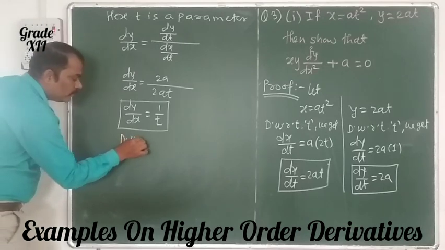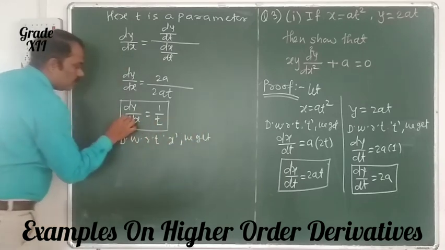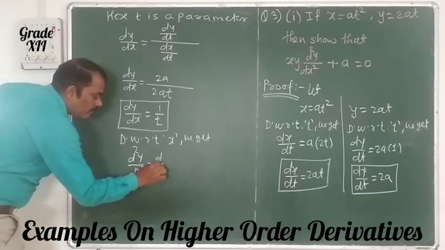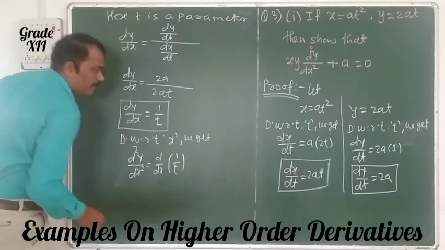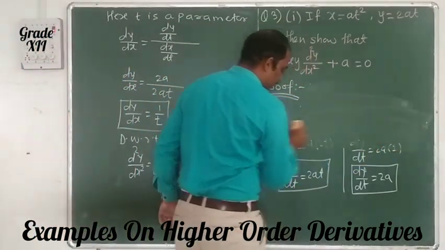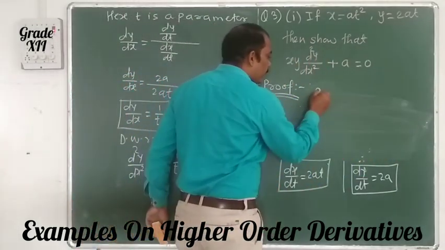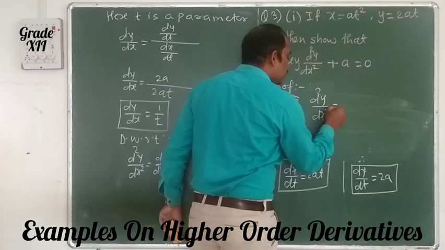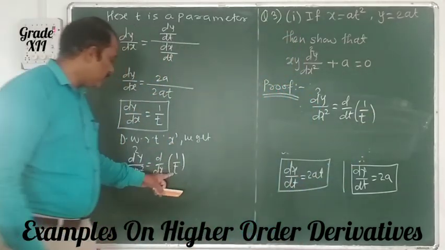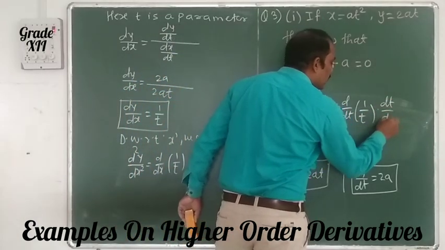We get d2y by dx square is equal to d by dx of 1 upon t, which can be written as d by dt of 1 upon t, first differentiating with respect to t, into dt by dx.